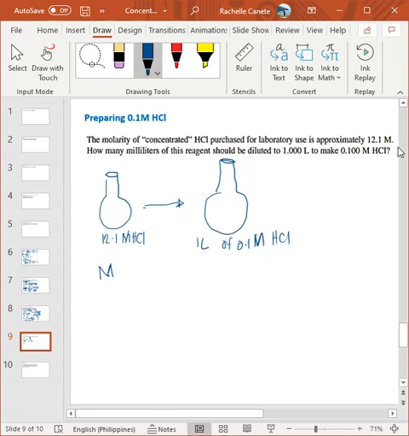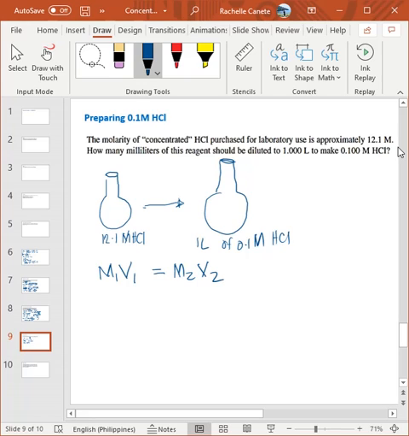It's M initial times volume initial, or M1 V1 is equal to M2 V2. Remember, M1 V1 is your first solution, and M2 V2 is your final solution, or MF VF. It depends on your preference.